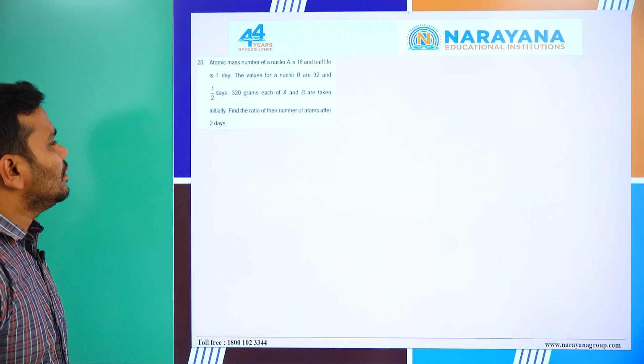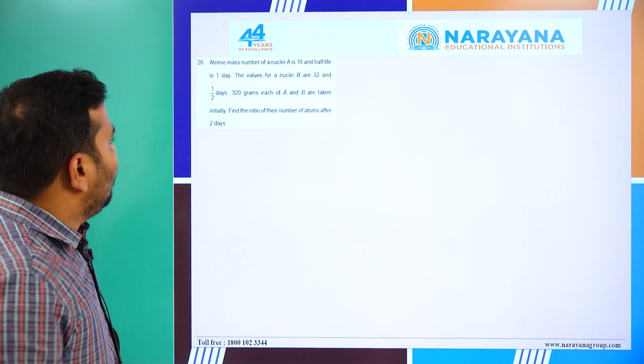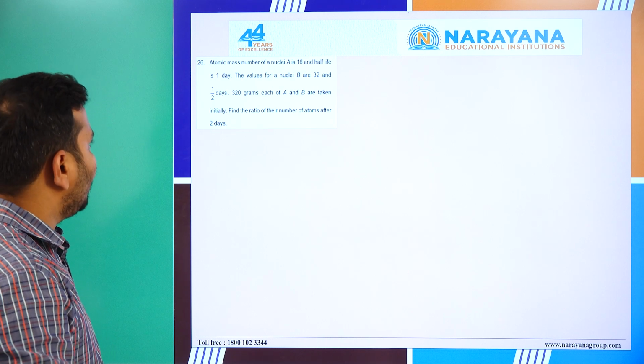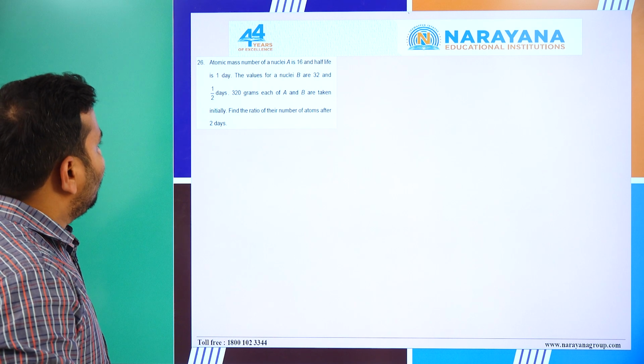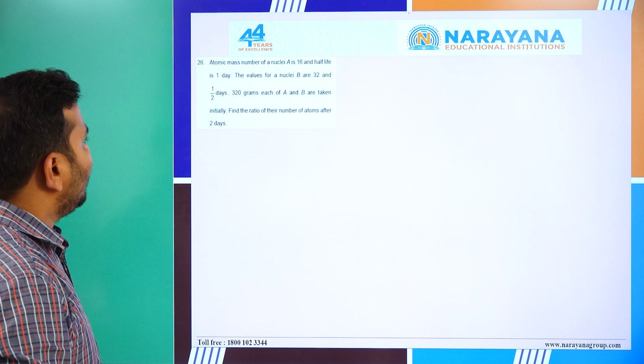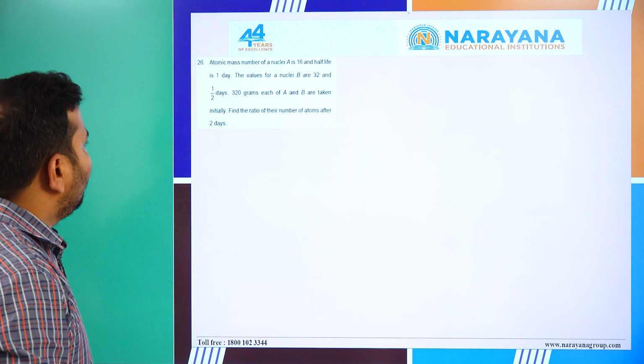So the next question is: the atomic mass number of nuclei A is 16 and half life is 1 day. The values for nuclei B are 32 and half life is half day.